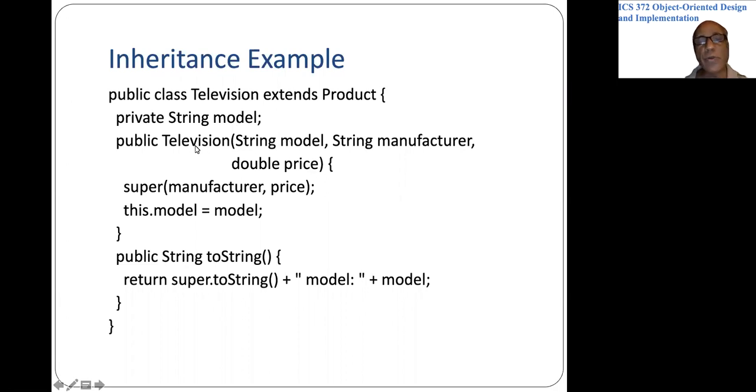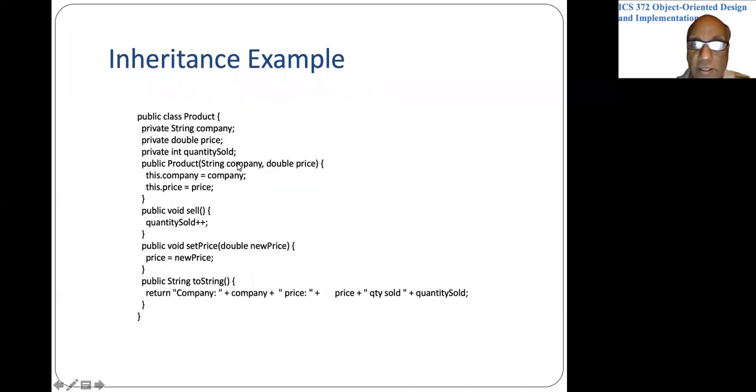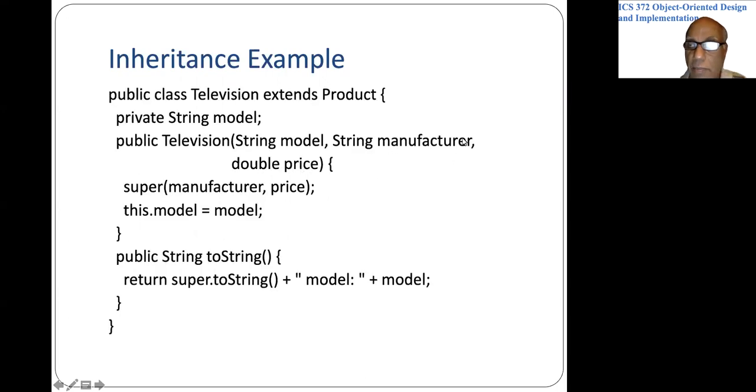The first thing that you have to do within the constructor of a class is to call the superclass's constructor. And you do it like this: super, and then pass the proper attributes. If you look here, the superclass product requires a string and a price, and they better be the company name and the price. And I have the company name, the manufacturer, and the price, so I pass those two things.